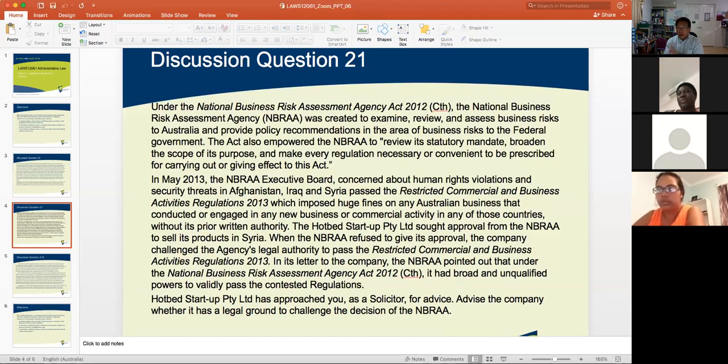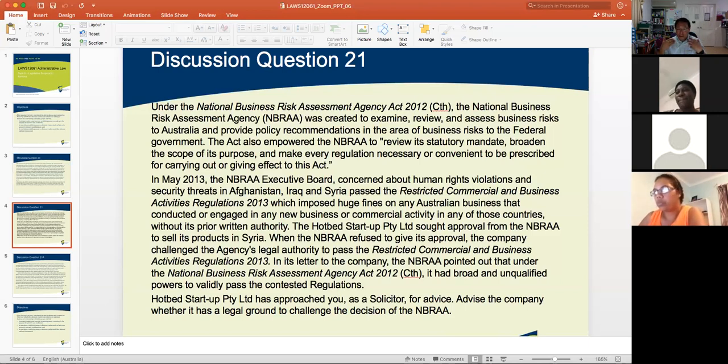But the High Court, for example, in the case of Shilasky versus Minister for Immigration, has pointed out that even if the authority that has been conferred on a decision maker seems to be expressly unqualified, it doesn't mean that it is in fact unqualified, as pointed out by Edward.